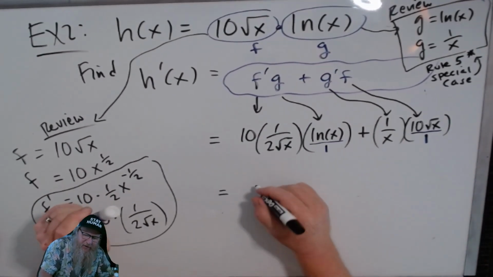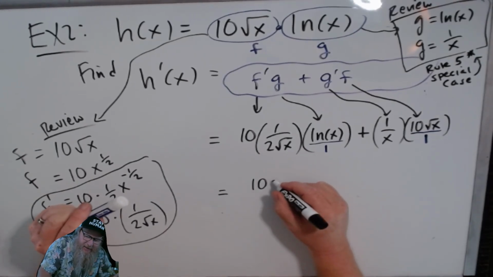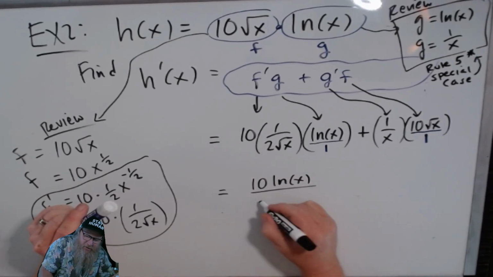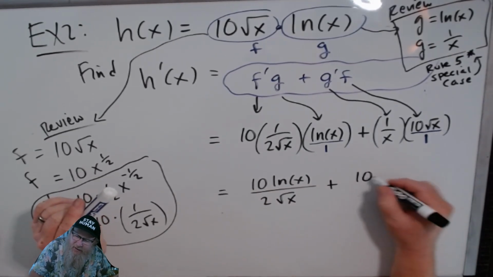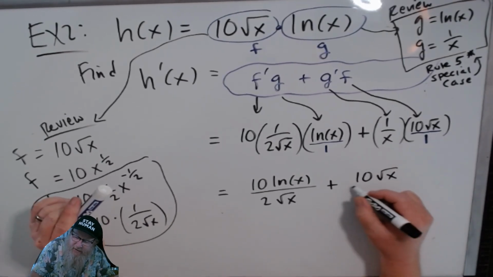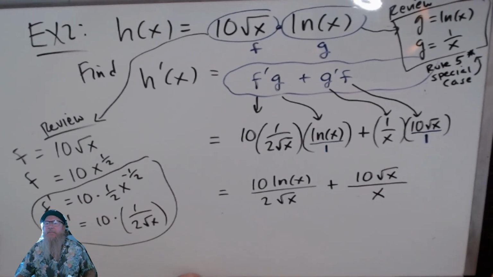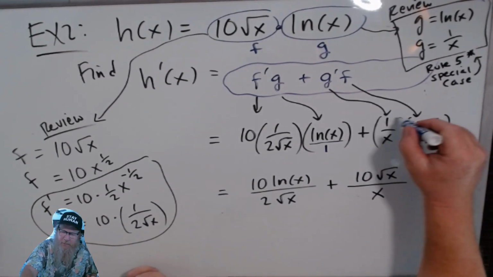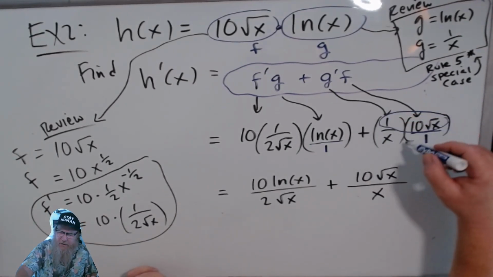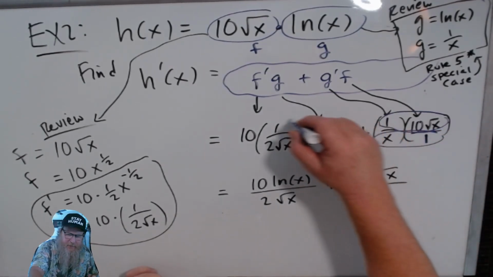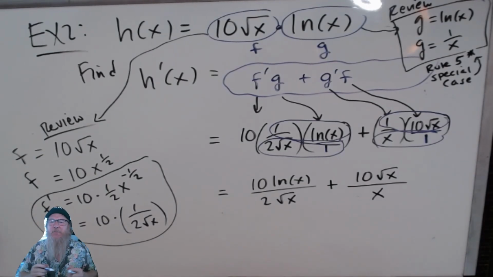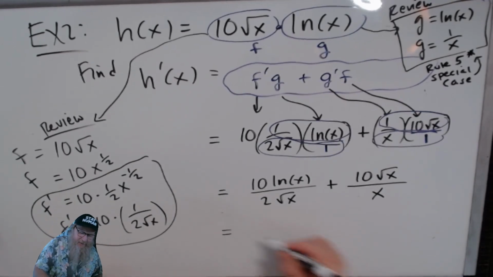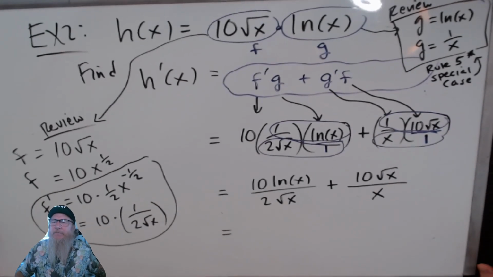So you're going to have 10 ln of x over 2 square root of x plus 10 square root of x over x. So when you multiply these, be careful. The numerators multiply and the denominators multiply. And if you get sloppy, they start getting off balance with each other. You might multiply the wrong things, you know. Or you might not, I don't know.